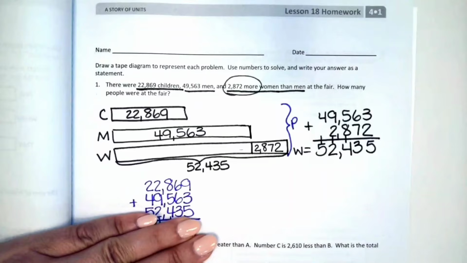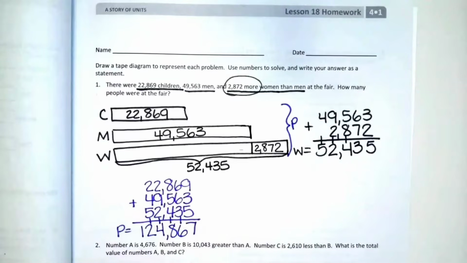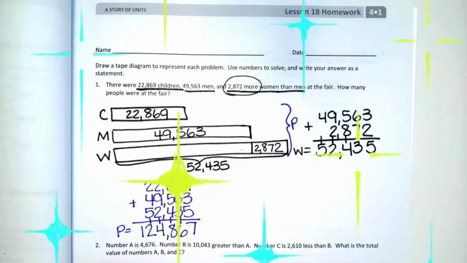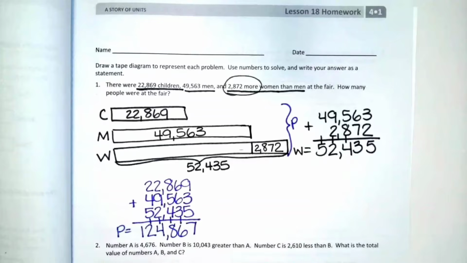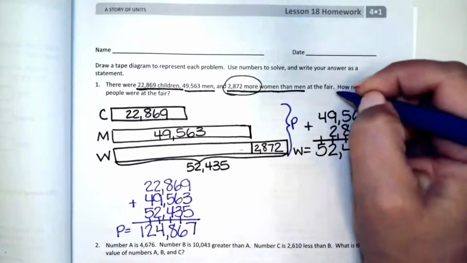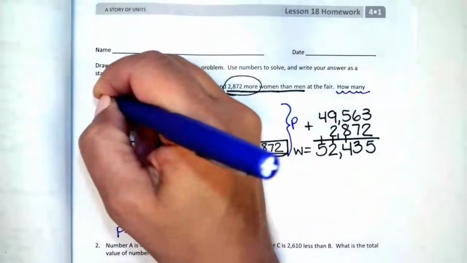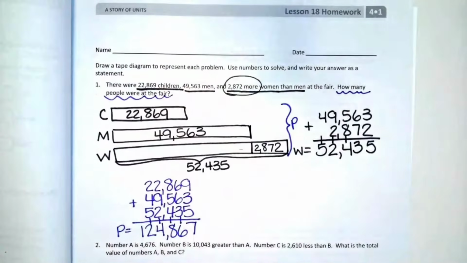Okay, let's check. Did you get 124,867? If you did, great job. If you made any mistakes, go ahead and fix your work. Now we need to write our answer statement. We need to answer the question, how many people were at the fair?